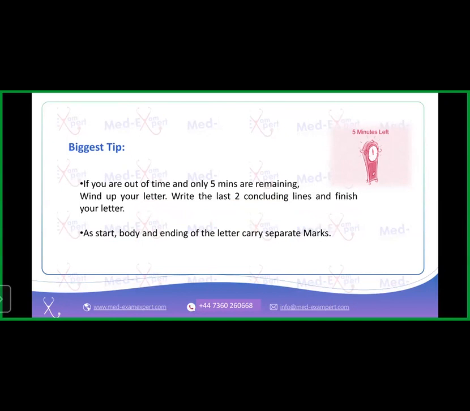And if you have any queries, please do not hesitate to contact me. So write these 2 lines, write yours sincerely and doctor, and complete your letter. I'm giving you this tip because if you do not write the ending of the letter, it will affect your exam very negatively.